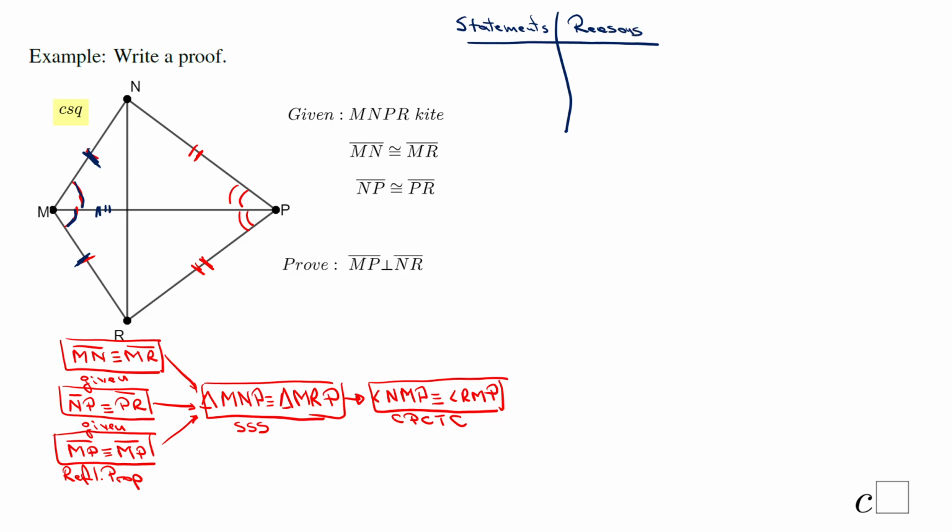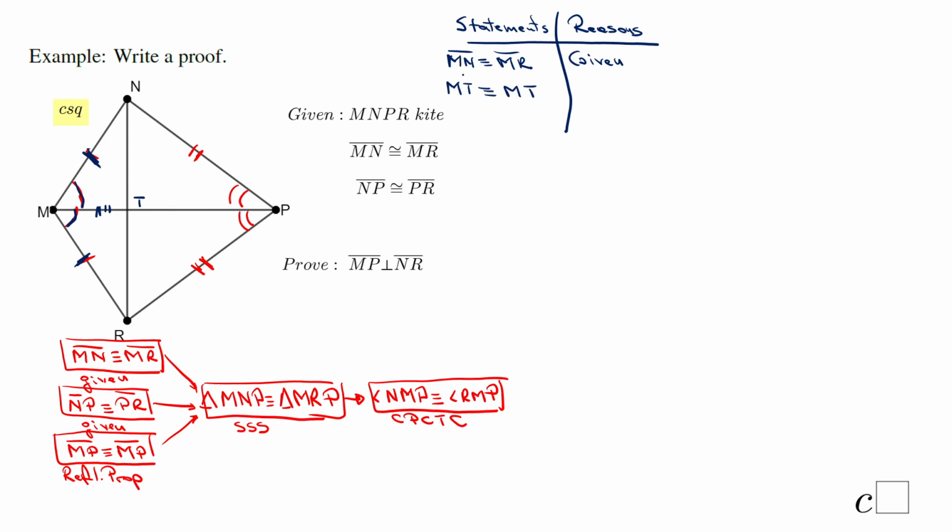Okay, so now we're going to start again with MN congruent with MR, which is given, right? Then we're going to say M, and let me call this one T. I think we can do that, right? MT congruent with itself.